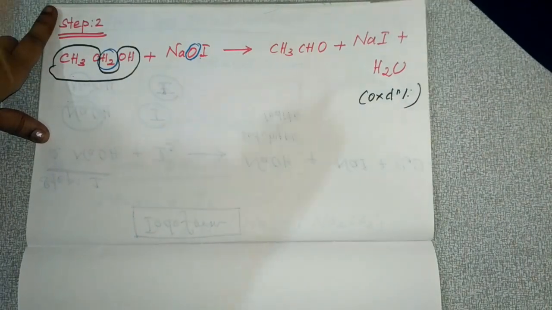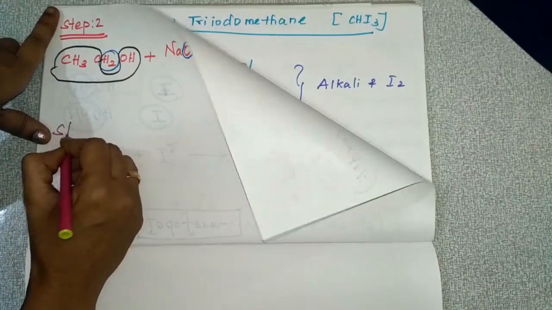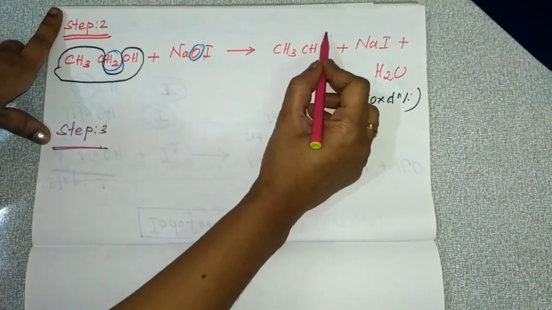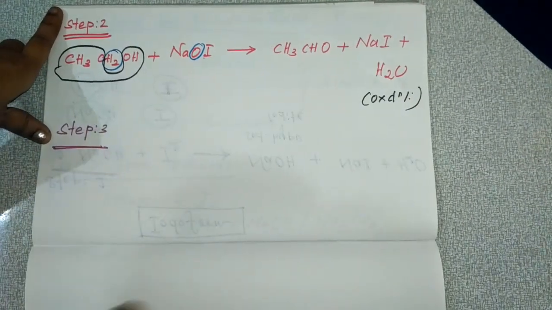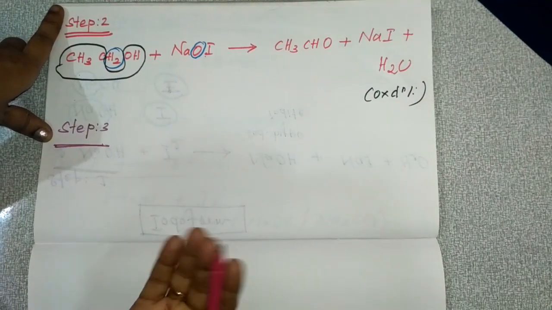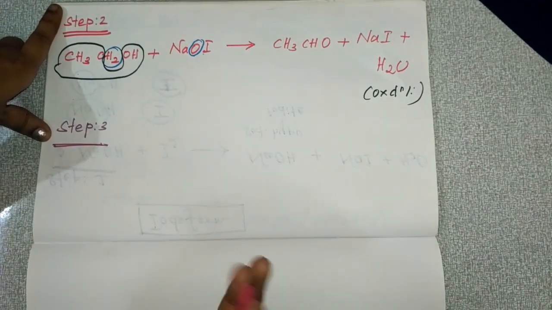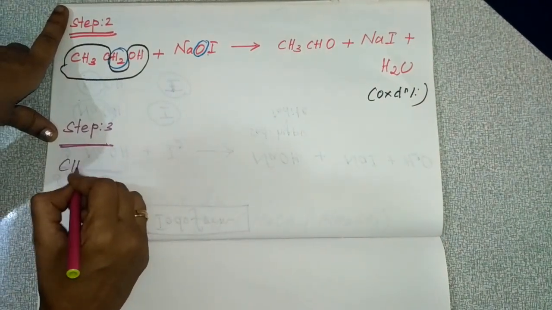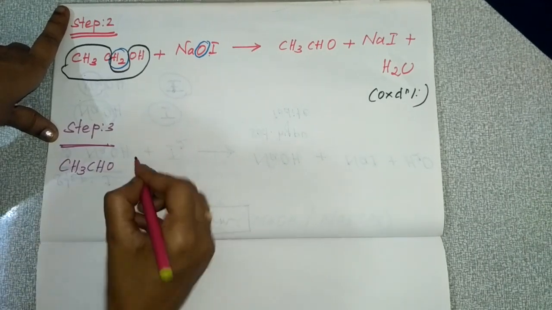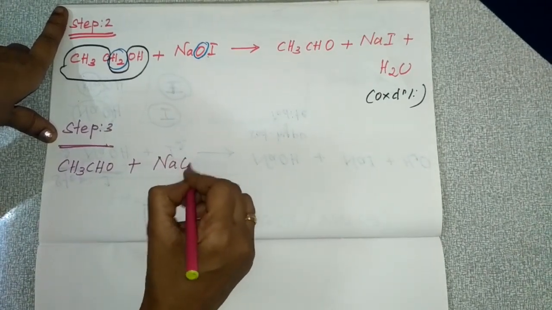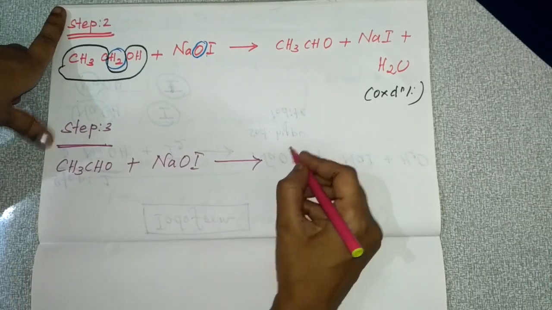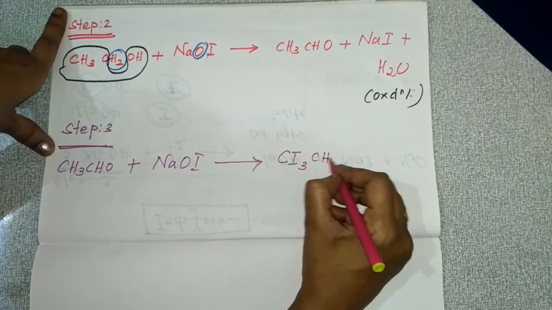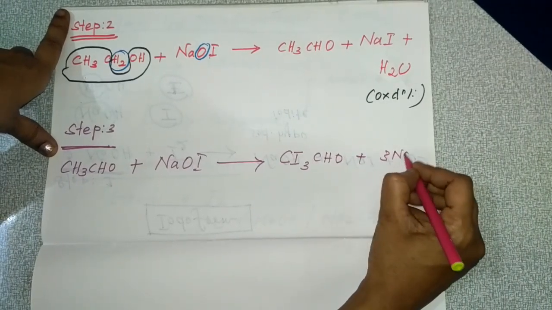And your third step is step 3. In this, the formed ethanal will get converted into triiodoacetaldehyde. So what happens? Iodination takes place. So I'll write the reaction. The formed ethanal again with sodium hypoiodite will get converted into CI3CHO with NaOH.